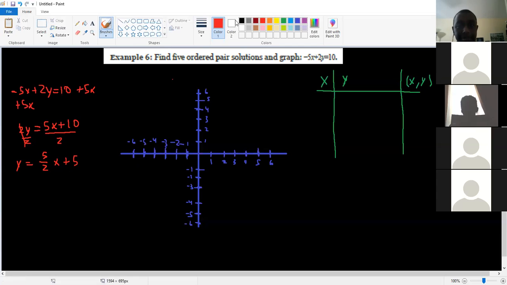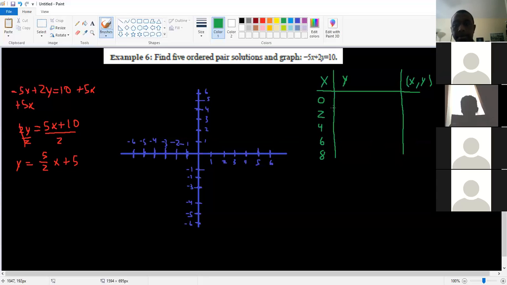Do you want me to do the points first or the graph? You could do the points first because you need to find the ordered pairs to graph it. What x values have you used? X values I used 0, 2, 4, 6.